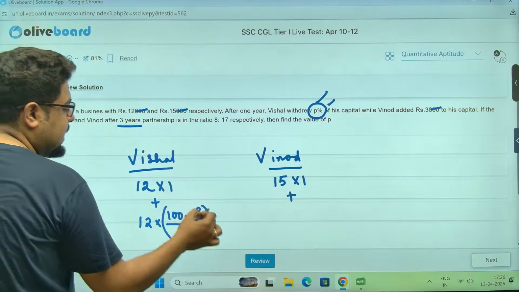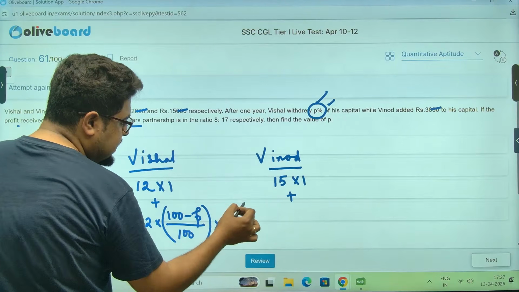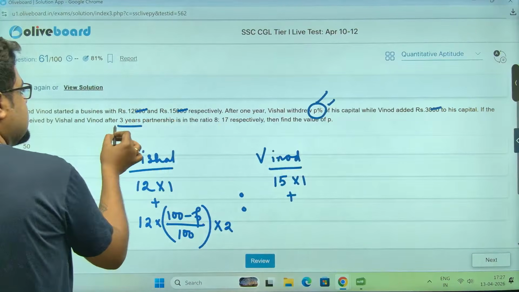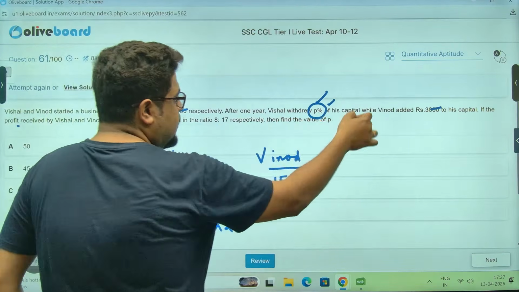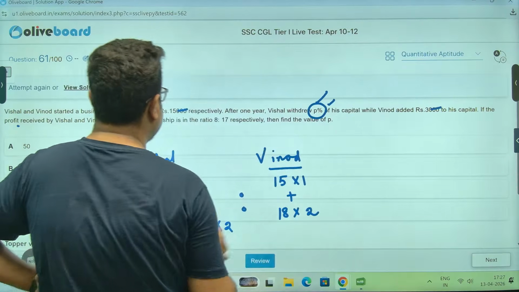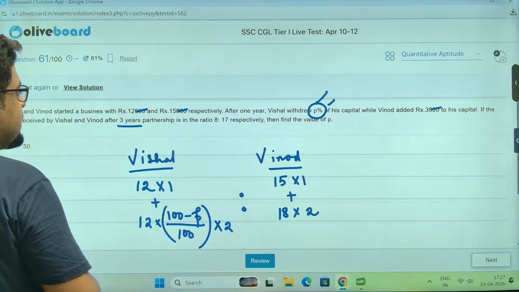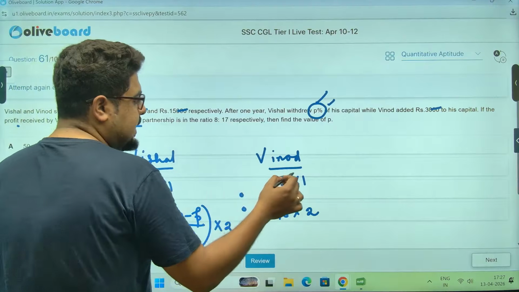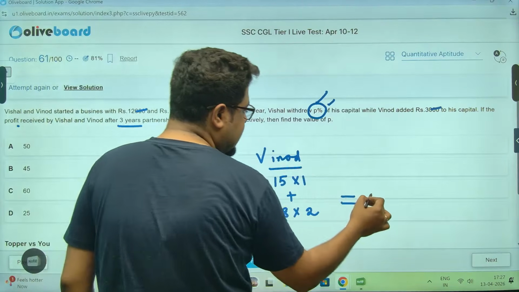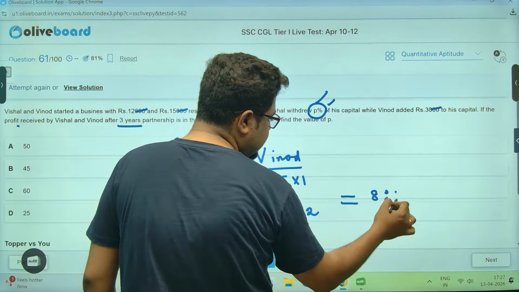Total 3 years, 1 year gone, meaning it is there for 2 years. Plus, Vinod added 3 rupees to the 15, meaning now it is 18 rupees for the next 2 years. Now this profit sharing ratio at the end of the day is given as 8:17.